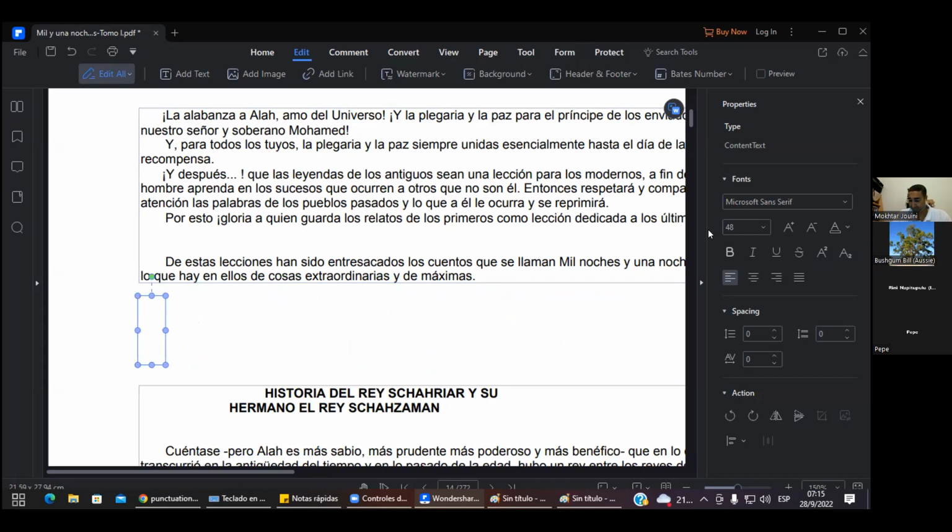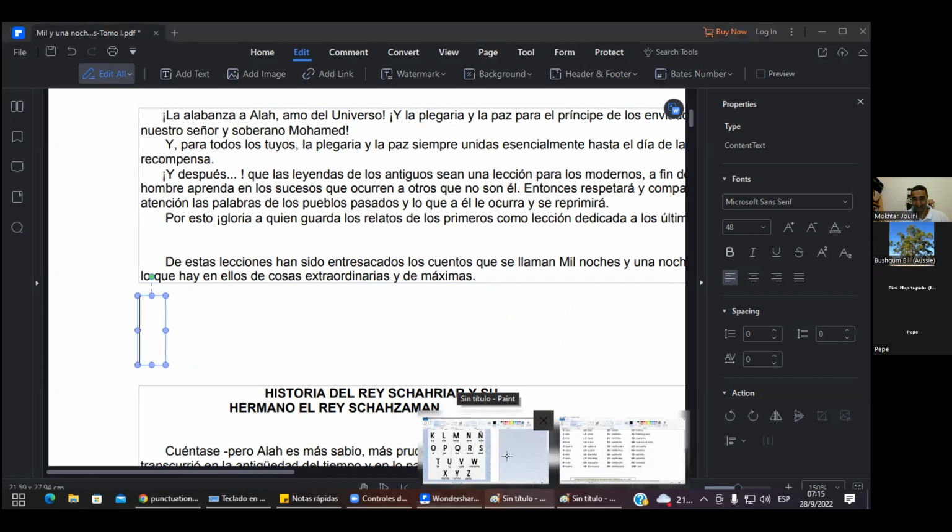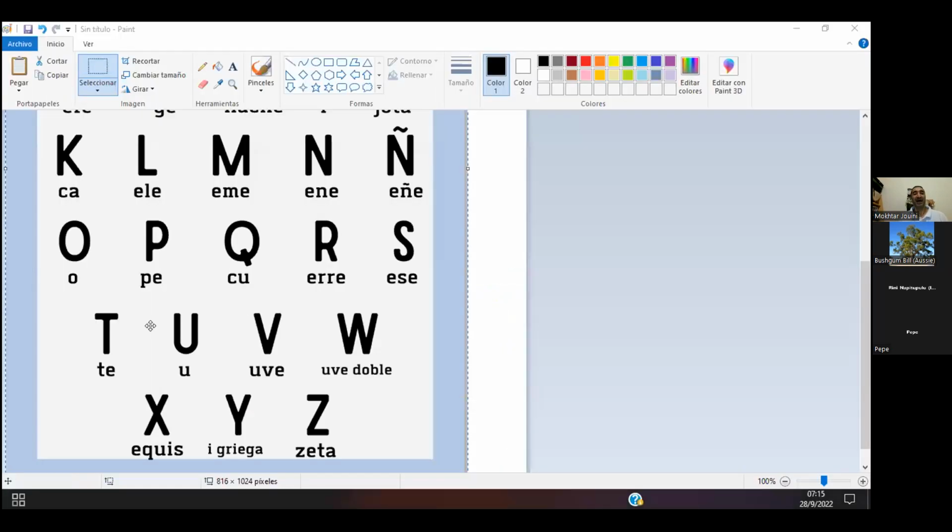Now, let's go back to our abecedario, our alphabet. That's right. So now we have the letter T. It doesn't have any special pronunciation, only like in train, like in tomato, like in tank.